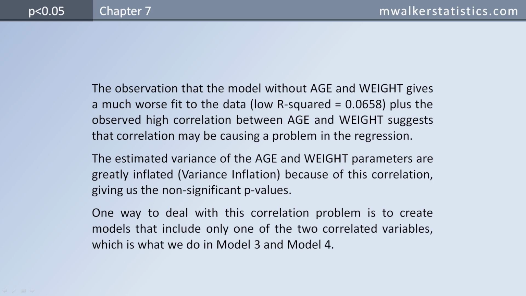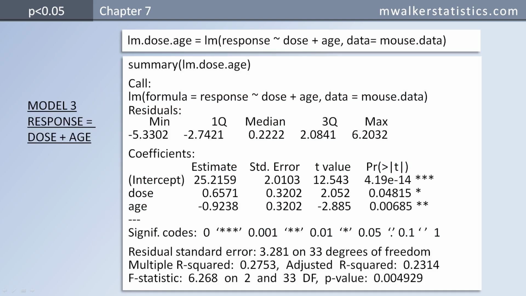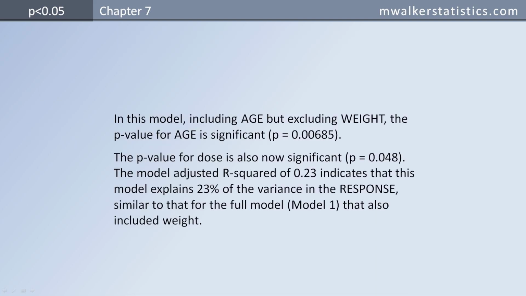One way to deal with this correlation problem is to create models that include only one of the two correlated variables, which is what we do in Model 3 and Model 4. Model 3, response equals dose plus age. In this model, including age but excluding weight, the p-value for age is significant.